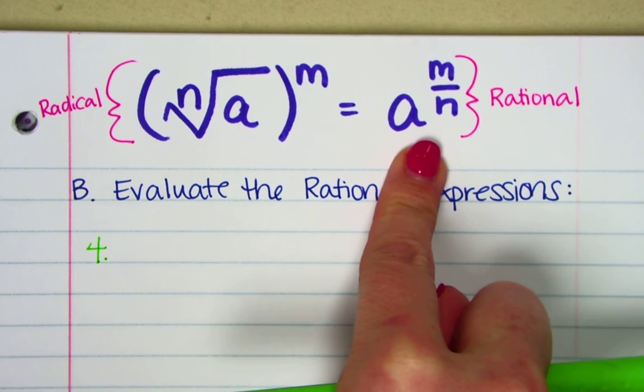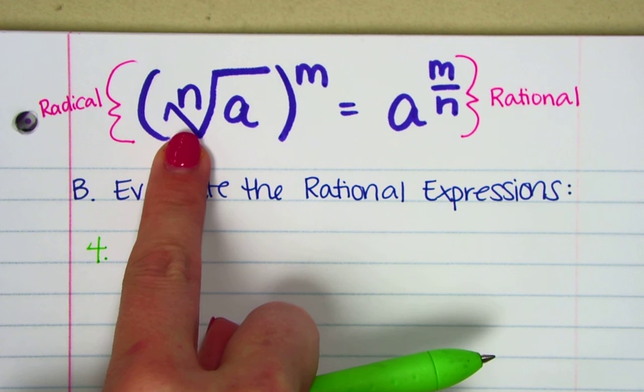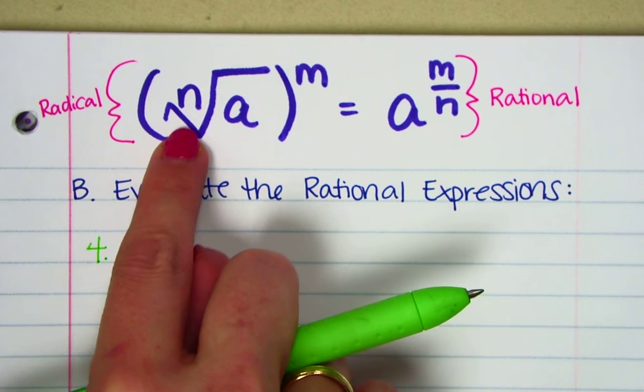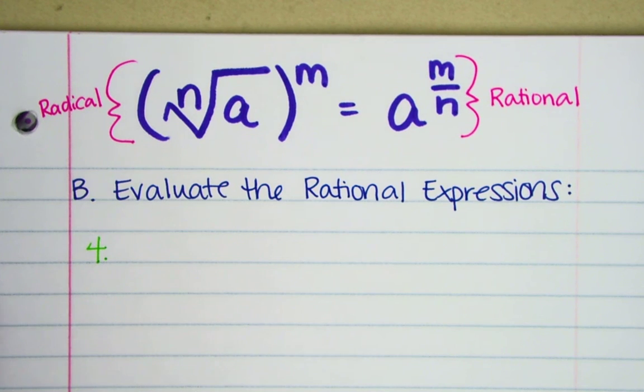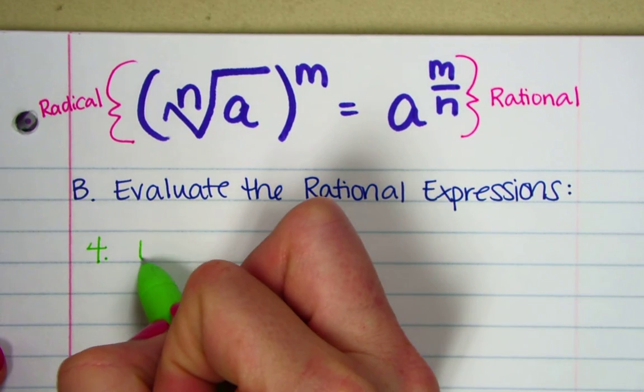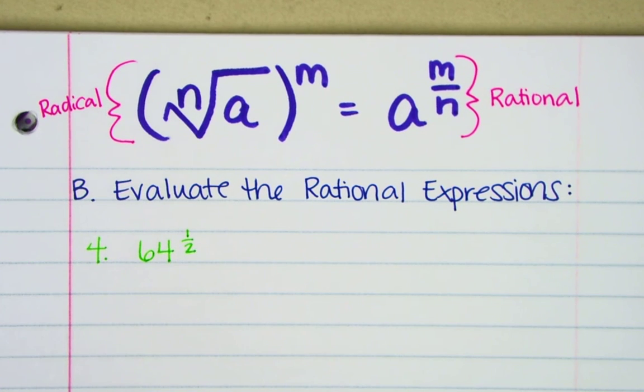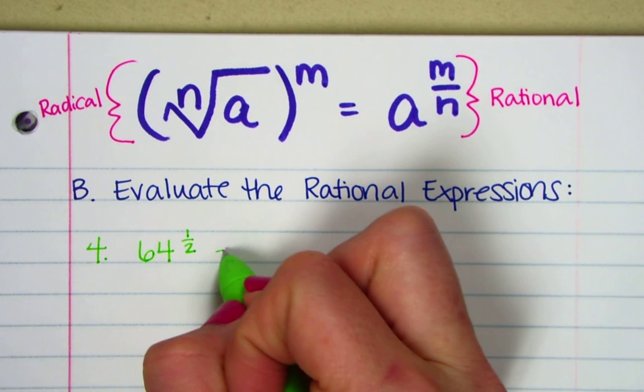We're going to start with rational and go to this, and solve it and tell what it is equivalent to. We're going to basically simplify it and make it easier to read. So first one is going to be 64 to the 1/2. 64 to the 1/2. And we'll say what it's equal to.